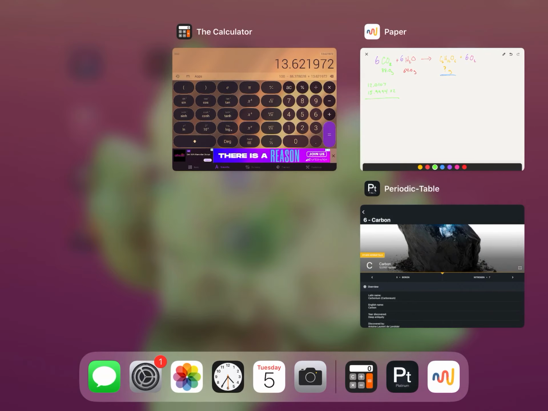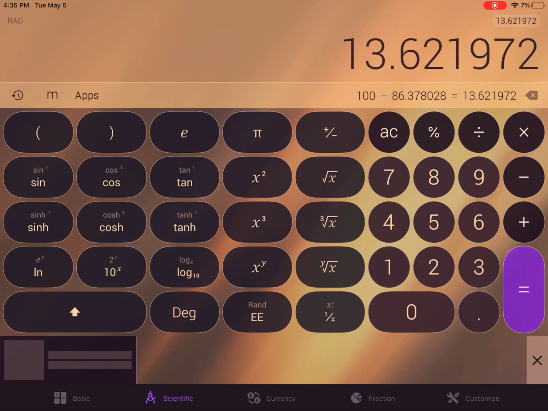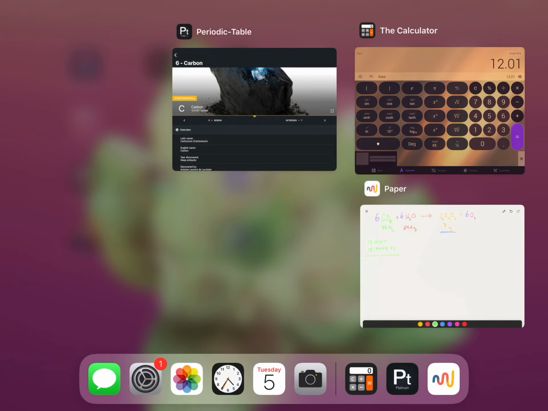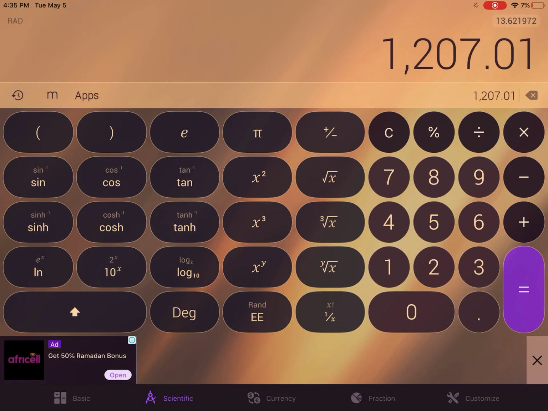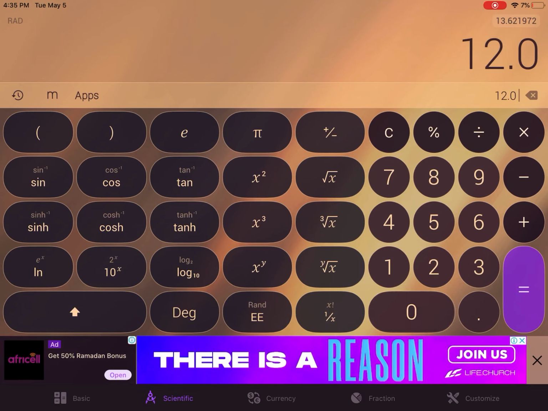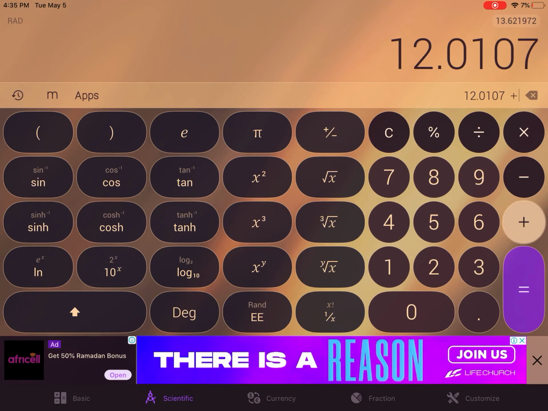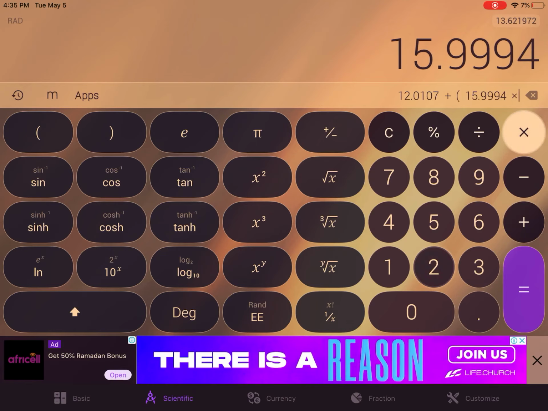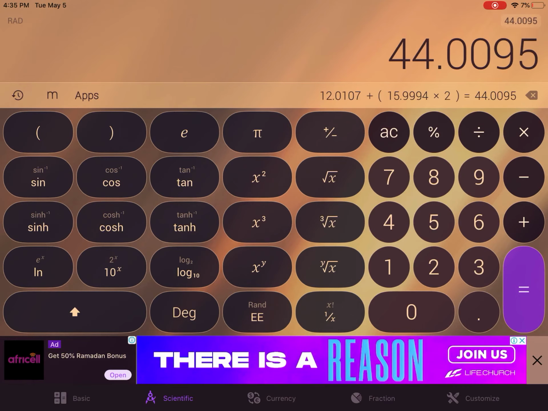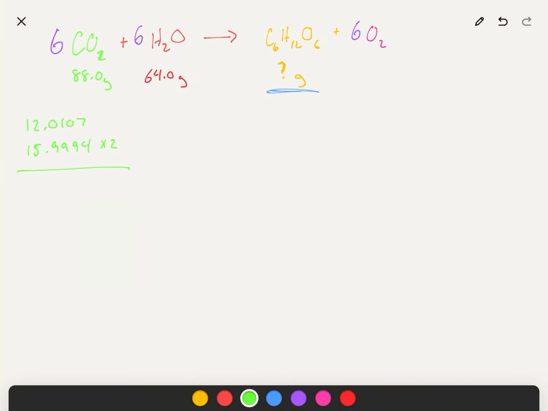So going to our calculator, 12.0107 plus 15.9994 times 2 equals 44.0095 grams per mole. And that's our CO2.